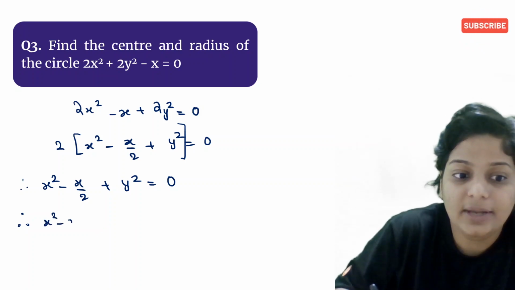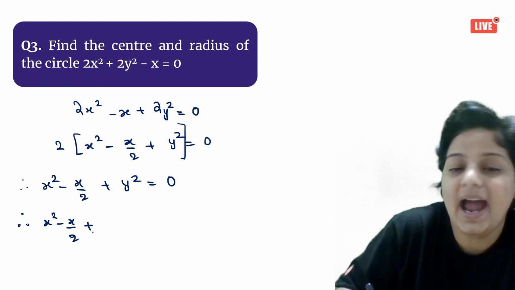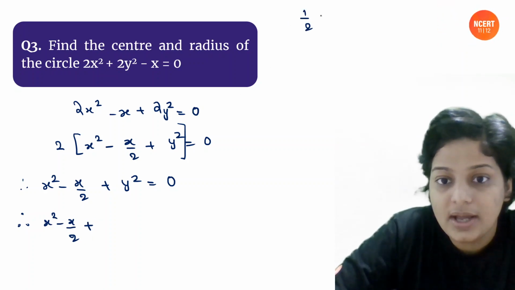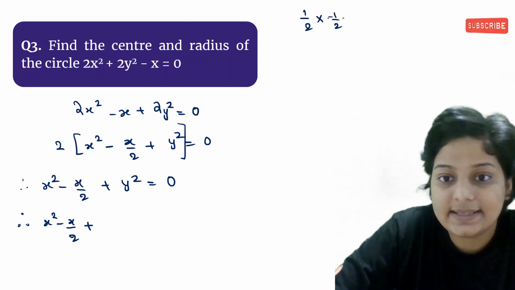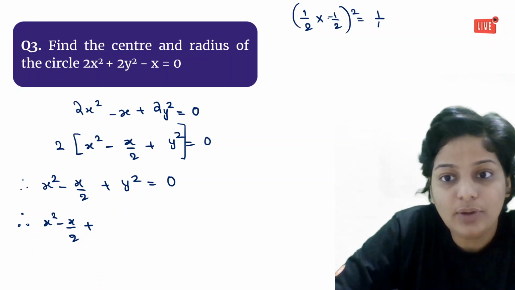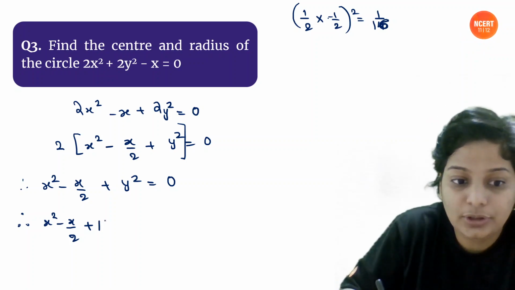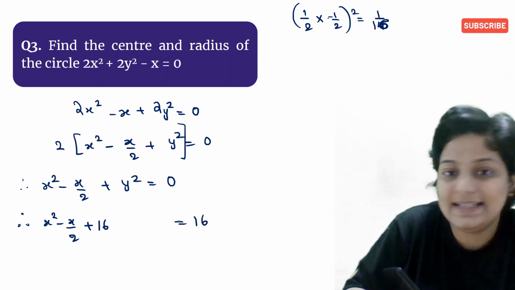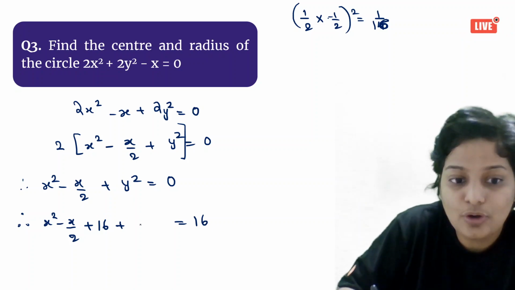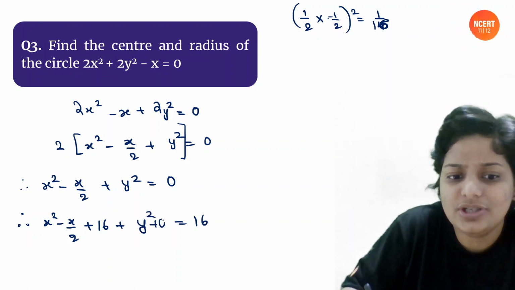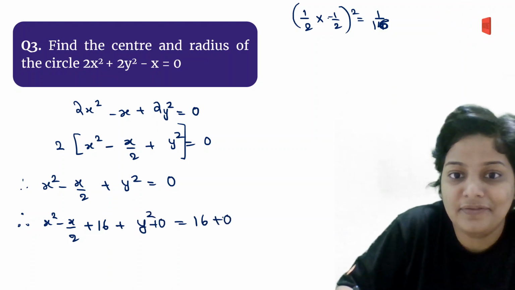To make a perfect square, what should I add and subtract here? You tell me. Half into coefficient of x the whole square. So I'm going to add and subtract. Oh, I'm sorry, it's 1 by 16. So I'm going to add 16 on both sides. What do we do to make this a perfect square? Nothing, just 0 is enough.